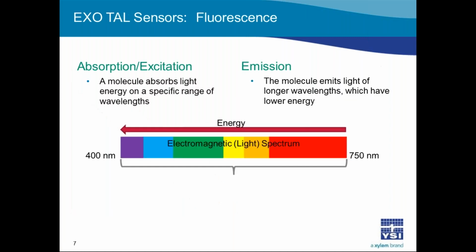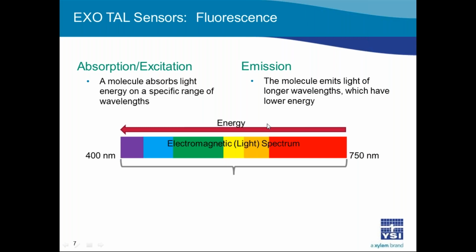So just a little bit of a reminder to understand the principles for how this sensor works. The total algae sensors and some of our other sensors use the principle of fluorescence. A fluorescent molecule can absorb energy of one wavelength and emit energy of a longer wavelength and lower energy.